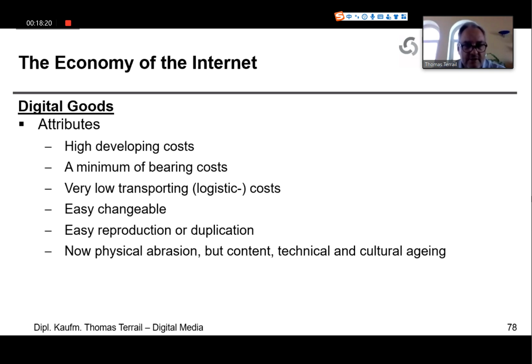You need access, and then you normally have the whole world to distribute your product. It's not like a physical product. So the transporting and logistic costs are very low.